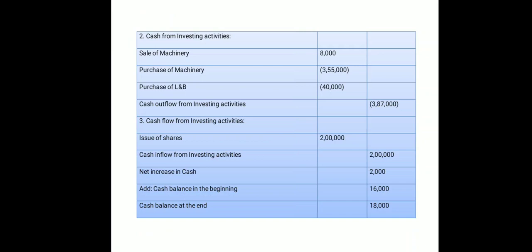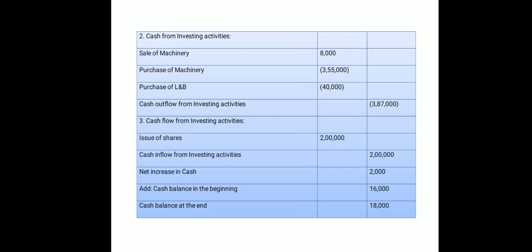In your notebook, continue in the same table. In the slide it was not adjusting, so I went for a breakup. Second is your cash from investing activities. Remember, investing activity covers all the fixed assets or transactions affecting the cash balance, or if your company has made any investment in other companies and because of that the cash balance is affected, then that will also be under the heading of cash from investing activities.